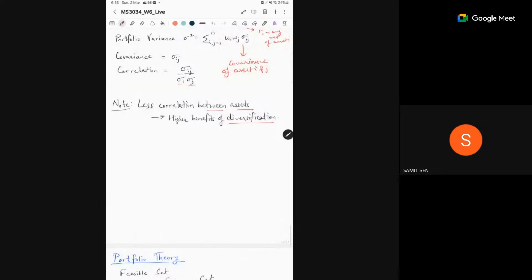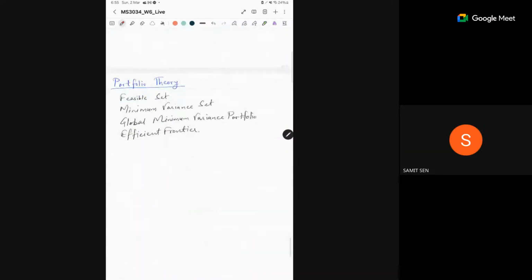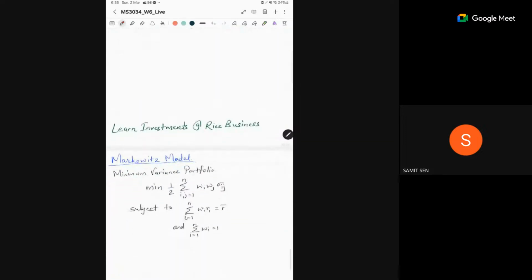Okay. So regarding diversification, I would recommend you go to this online tool developed by Rice Business School, called Learn Investments.